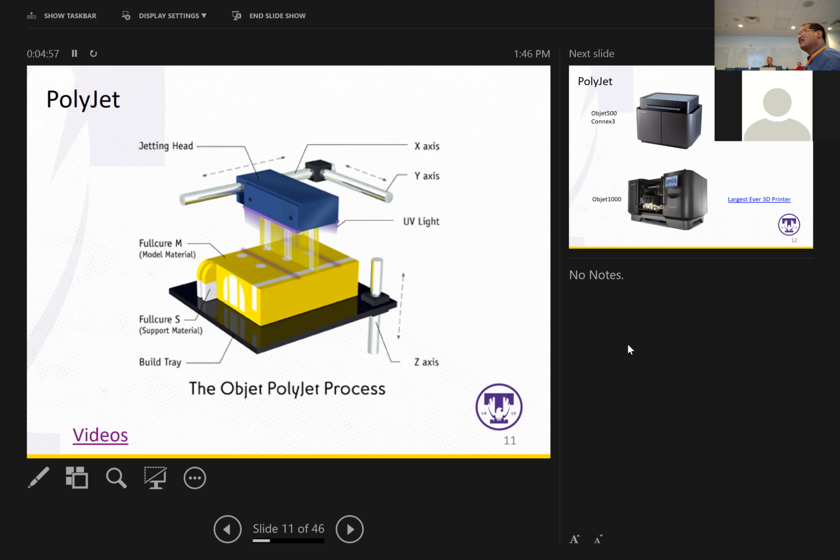Trying to figure out where this would be used? The parts that it does make are really colorful, high fidelity stuff. You can also change the hardness of materials. You can have soft rubbery materials or hard plastic materials. They made the Iron Man suit for Iron Man 2, I think, with the Connex, and then remote controls.